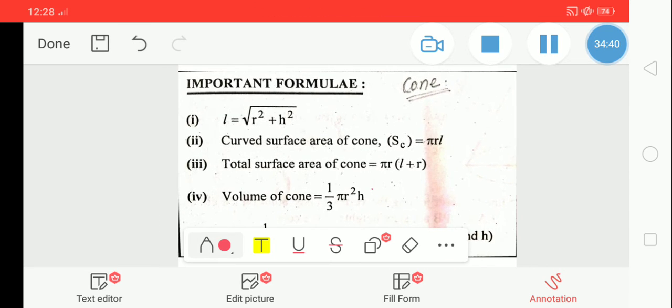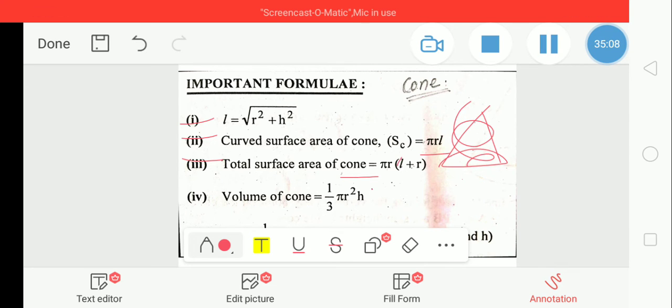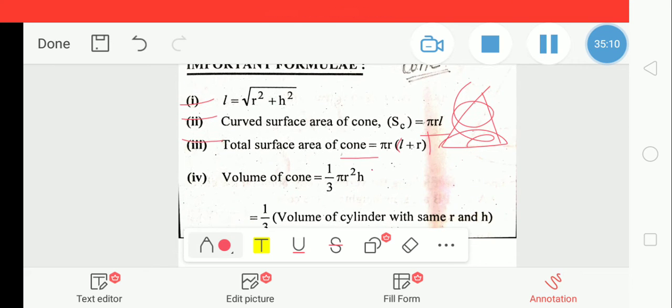Now also finding volume of cone and surface area of a cone. First finding the slant length of cone, that is L is equal to under root r square plus h square. Curved surface area of a cone, that is CSA, means pi r L, and total surface area of cone is pi r L plus r.